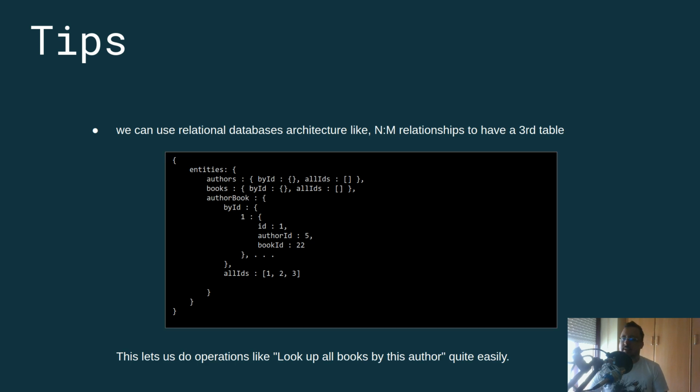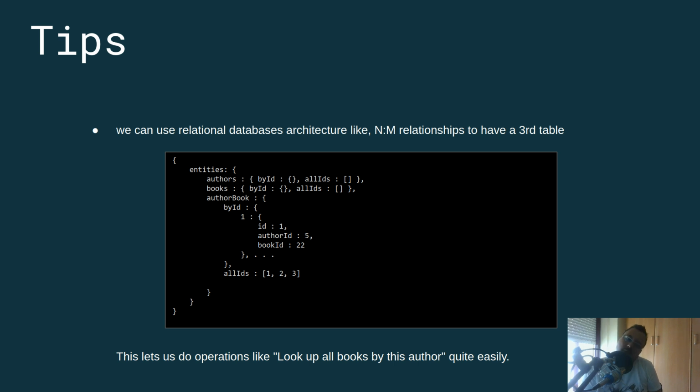And the last one is something I think is obvious: these kinds of entities relate a lot to relational databases. And so we can use everything we know about this kind of databases. For example, if we have a many-to-many relationship, we can build that third table into our entities.